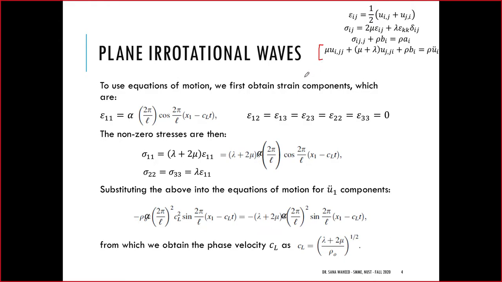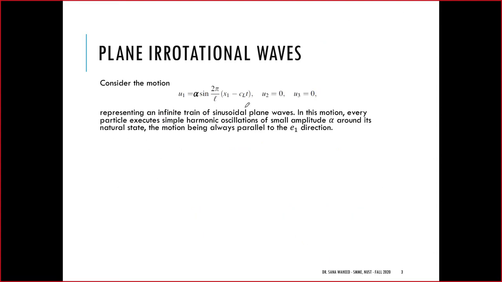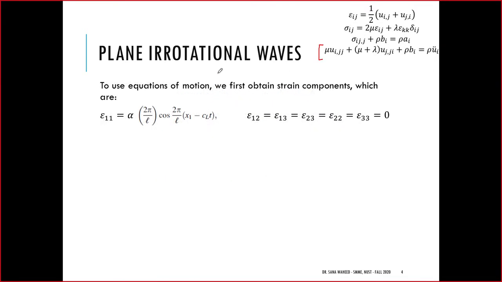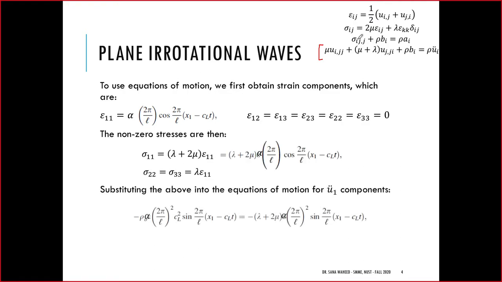And then I considered another displacement field, even more specific, this sinusoidal displacement field, just u1 being sinusoidal in terms of time and x1. We saw that if that is the case, we are able to use our standard procedure of finding the strains, stresses, and then applying the equations of motion to figure out what at least one of these constants in the displacement equation turns out to be.